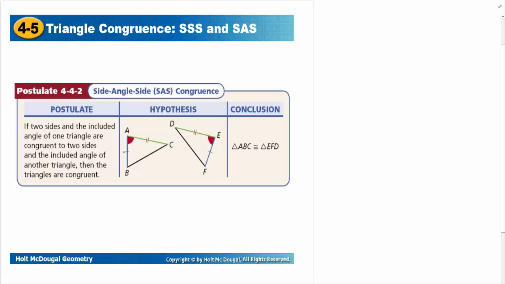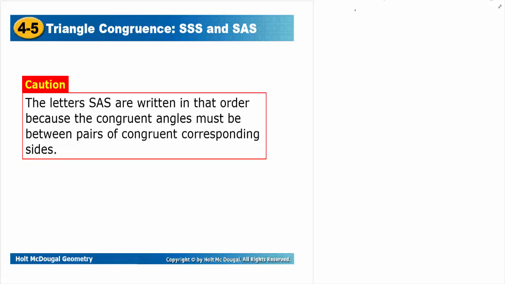So here, this would be side, angle, side, so I can say the triangles are congruent. You can just read that, it's what I just said. The letters side, angle, side are written in that order because congruent angles must be in between pairs of congruent corresponding sides. So again, order matters.